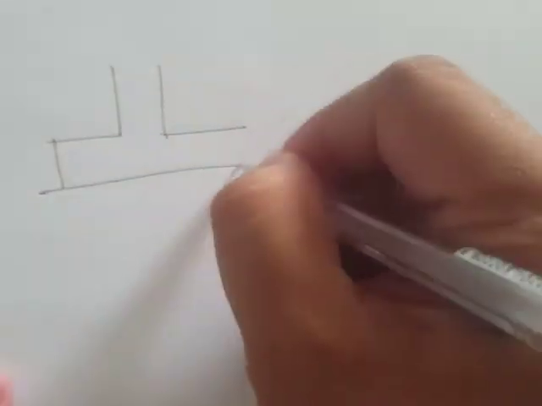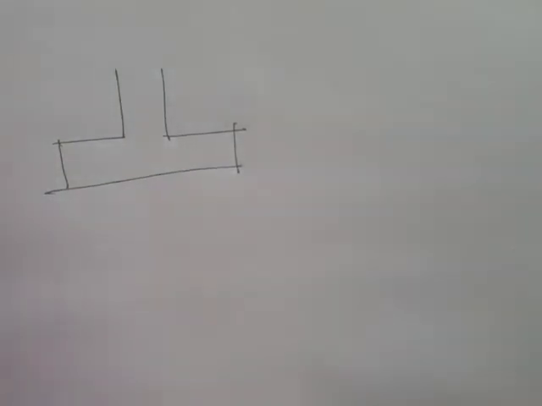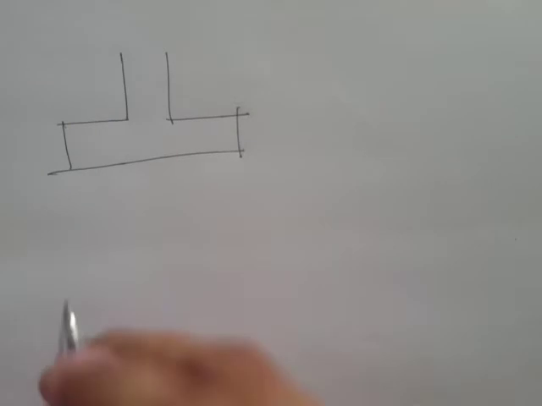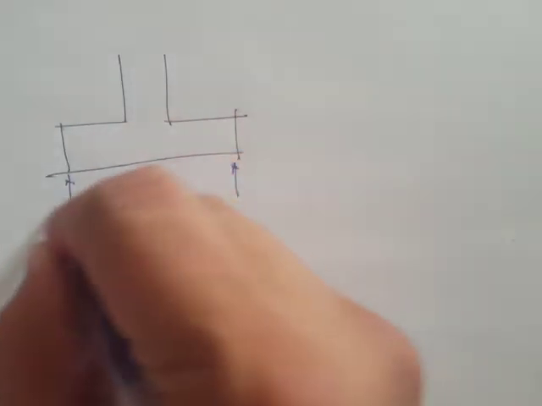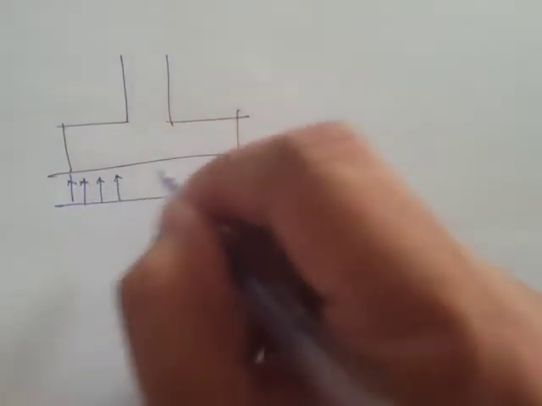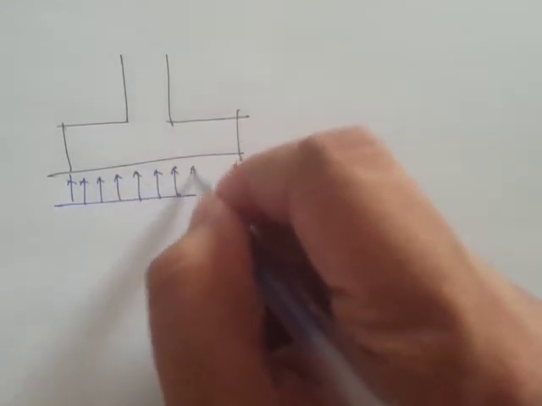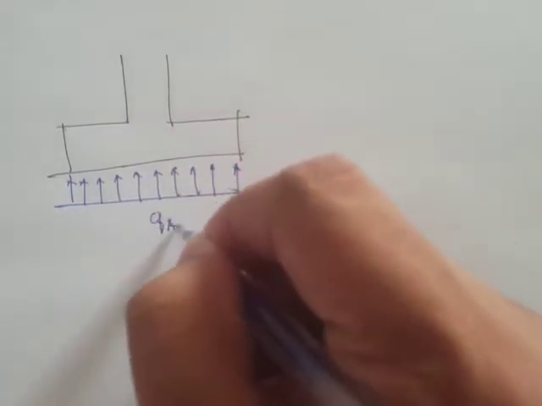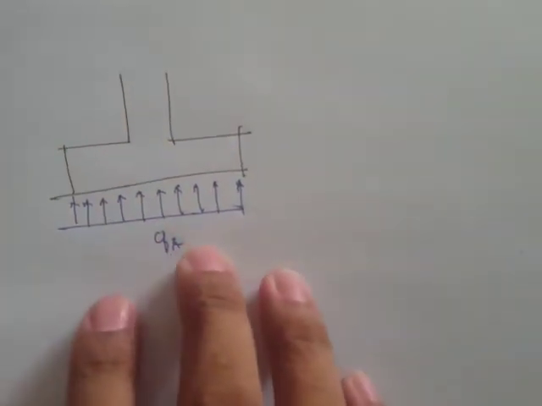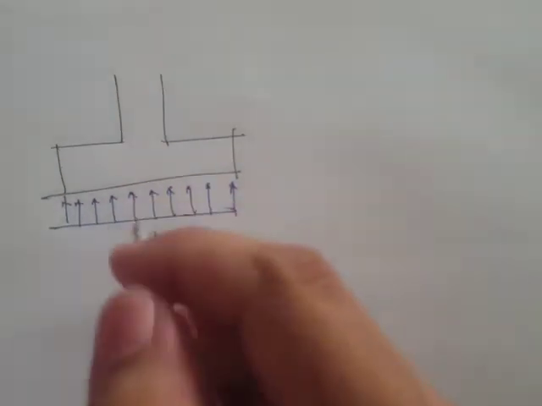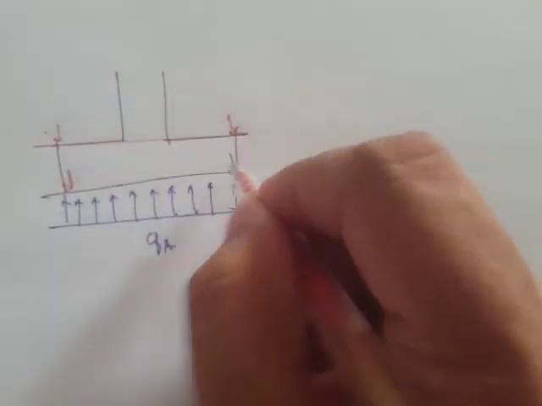If we draw it here, this is our allowable soil pressure from the table, and we have a weight distribution from this concrete.